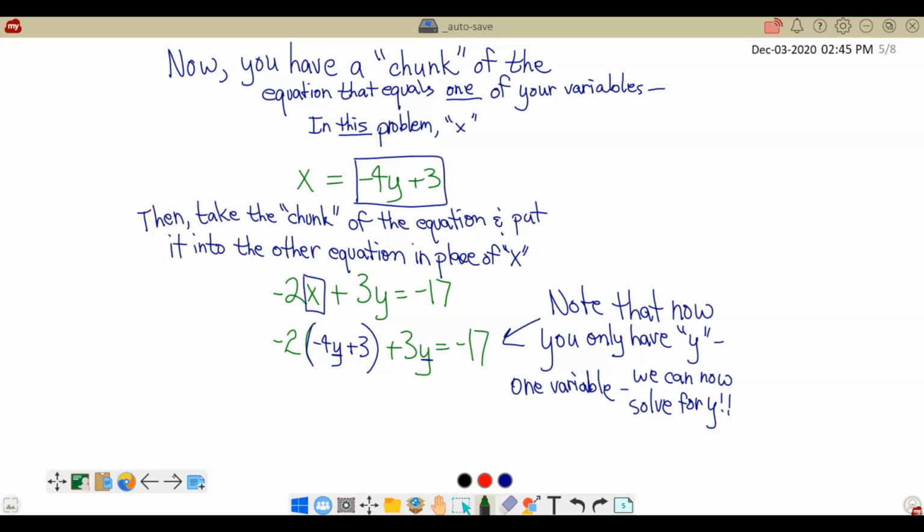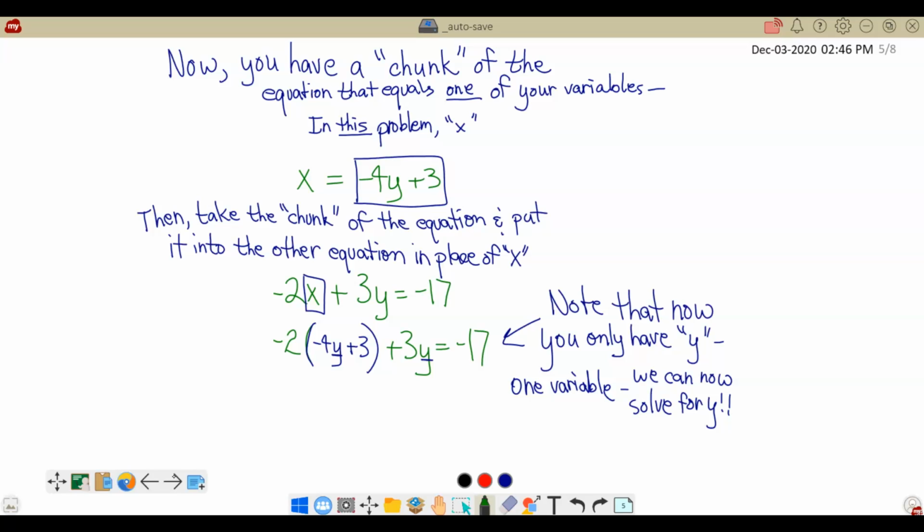Then take the chunk of the equation and put it into the other equation in place of x. So you see here that I've got a blue box drawn around my chunk of the first equation I started working with. And then you see I drew a blue box around this x in the other equation. That space is where I'm going to put this.